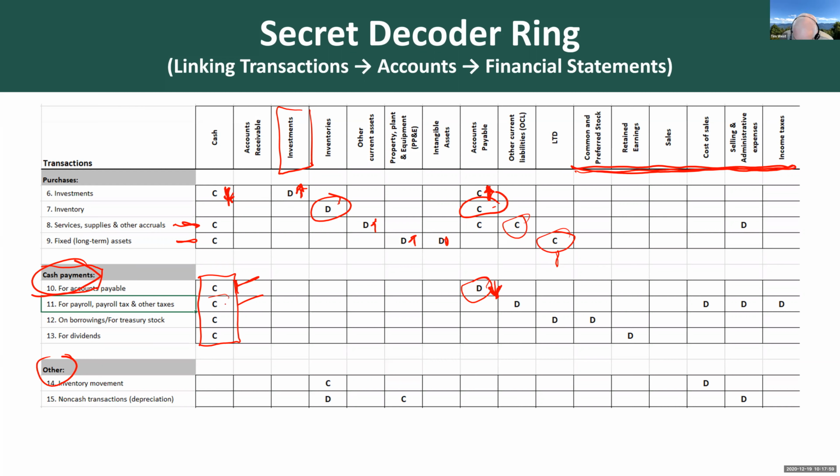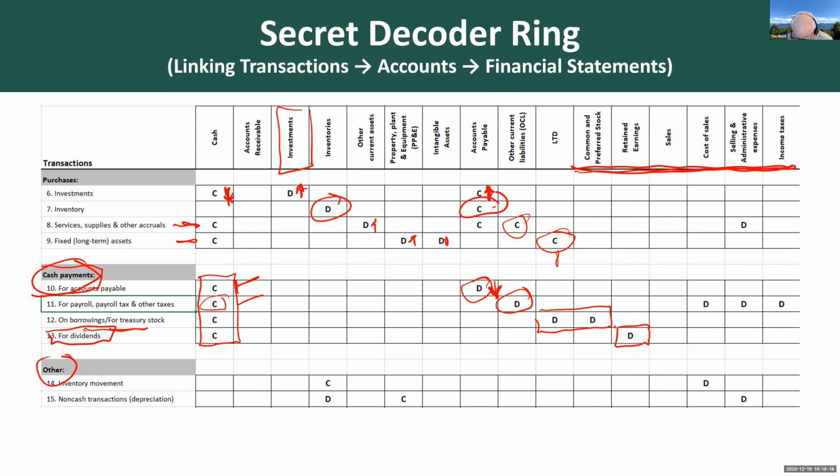We can pay cash and take care of those obligations that way. We can pay for borrowings. We can pay for this thing called treasury stock, so it's going to affect us over here. And finally, we could pay out dividends, and that's going to affect us over here.